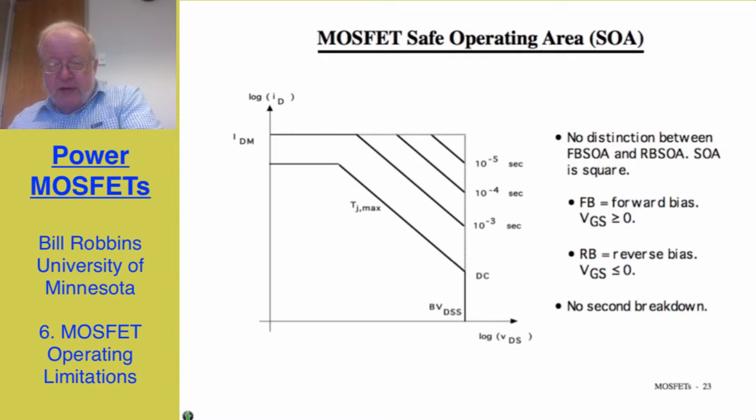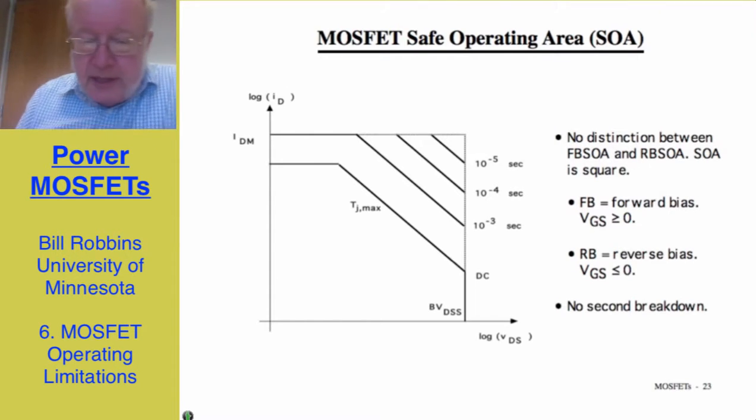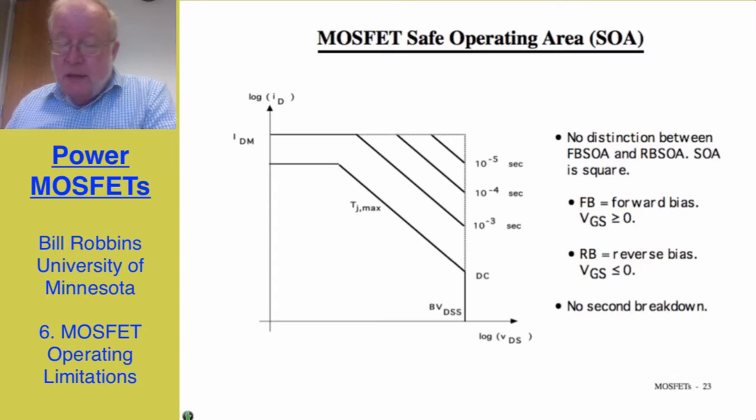If we have very slow switching speeds, or basically if we're operating at almost DC conditions, then we have a fairly limited safe operating area, because there's a maximum temperature to which we can subject the interior of the silicon. Typically that maximum junction temperature is on the order of 150 to 175 degrees centigrade.